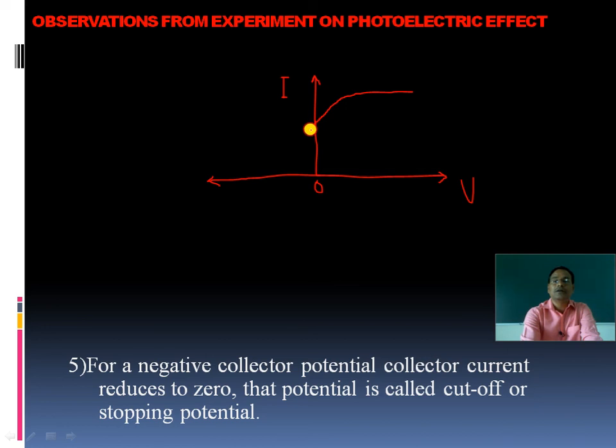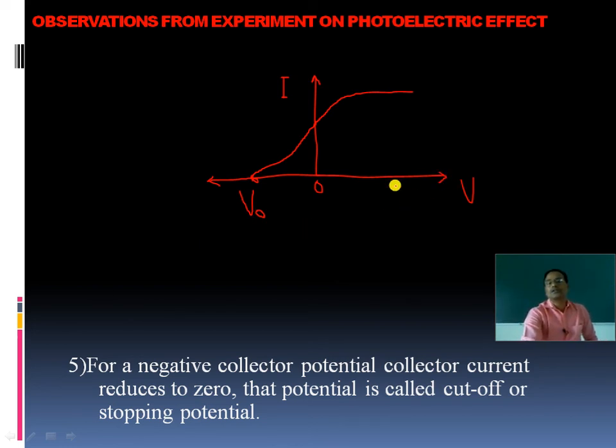See here how it decreases. It decreases and reduces to 0. So, this is the point where the collector current reduces to 0. This value is called the stopping potential. It is denoted by either V0 or Vs. So, how does it happen?